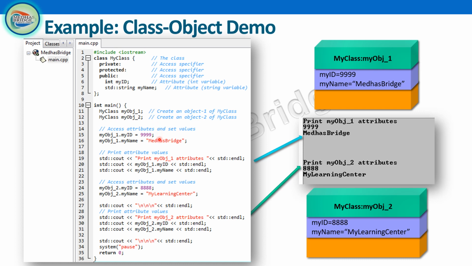Now we set the values to the attributes of that particular object, which is also known as initializing the object state, and then we access them, we print them. You would want to see that the values you initialized are the same when you print them, isn't it? This is a good example to understand how class and object work in the programming world.